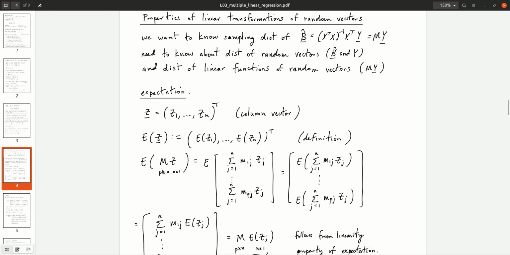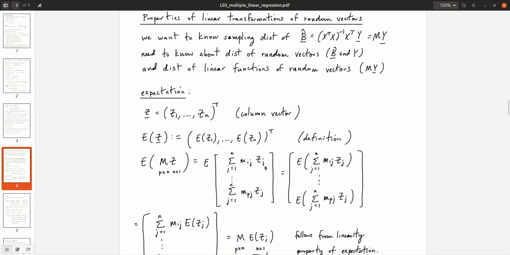Now, if I look at the expected value of M times z, this is just the expected value of another vector, namely a p by 1 vector, because M times z is a p by 1 vector where each element is a random variable. Let's look at this for a second. The first element of that vector is the sum j equals 1 to n of m1j times zj.